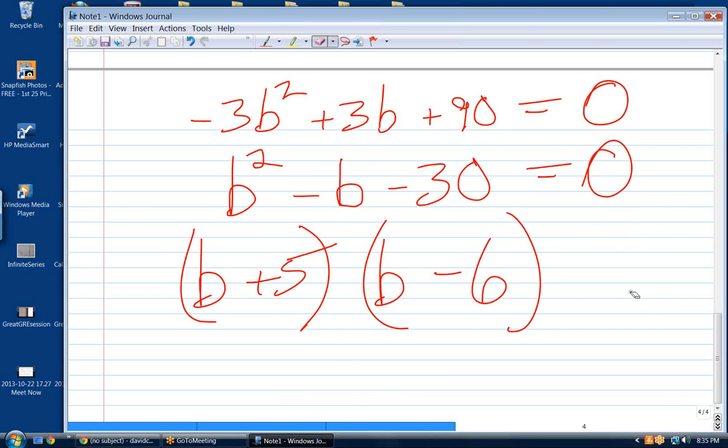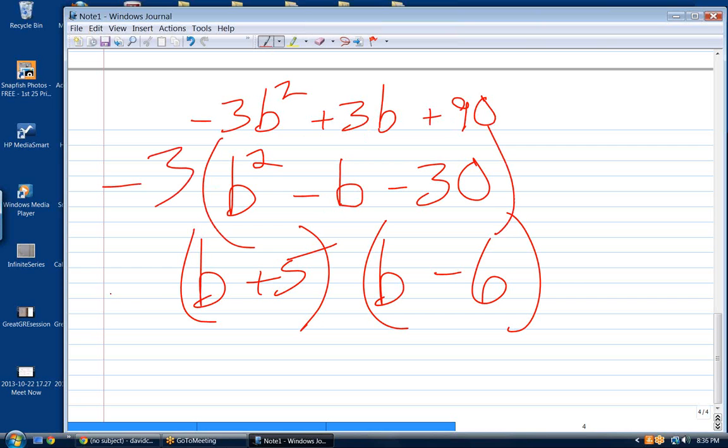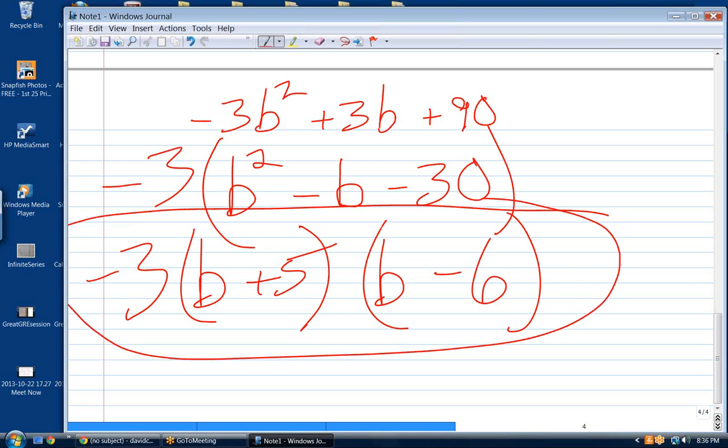Okay. So had they just said factor this expression and not put it in an equation, then I would still need to carry forth this minus 3 like that, and the final answer would be this. But in my book, this came as an equation like this.